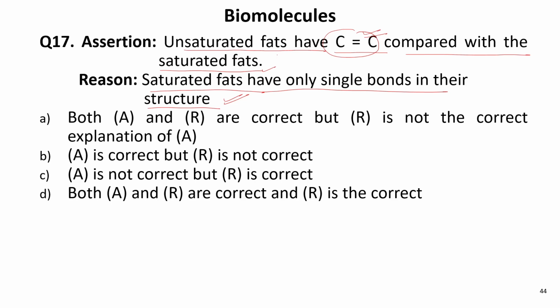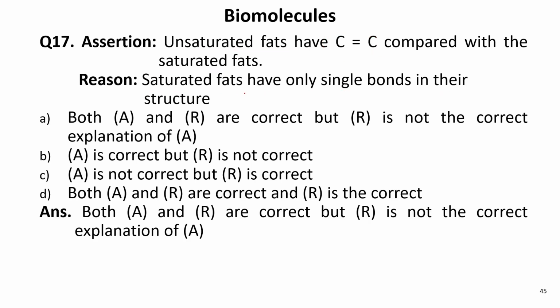So both A and R are correct, but R is not the correct explanation of A. Saturated fats have only single bond. It only tells about the saturated fats, but it doesn't tell us about the unsaturated fats having the CC double bond.